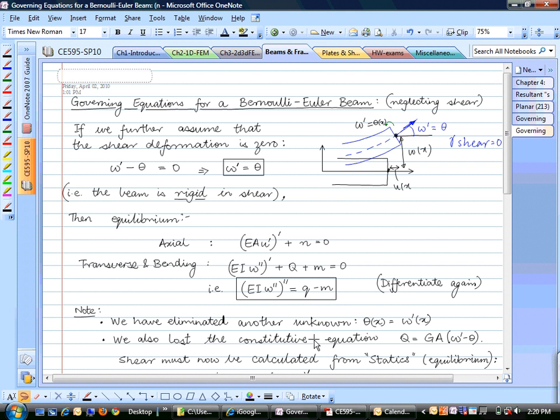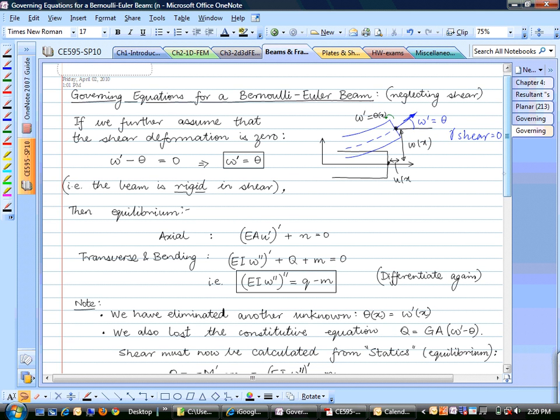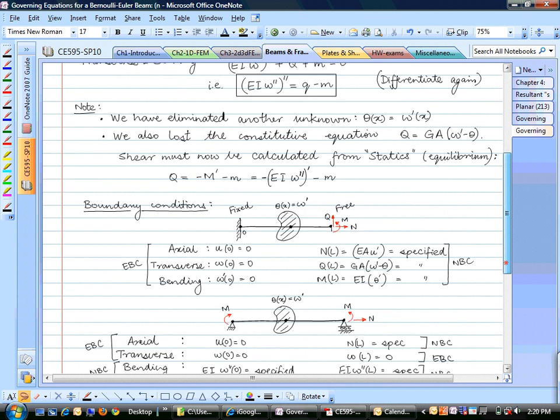Okay. And once again, this m term is not really encountered much in practical scenarios. So essentially, what we are trying to solve is this. This is the bending equation that you should always remember and know how to derive from that small slice of beam. Okay.